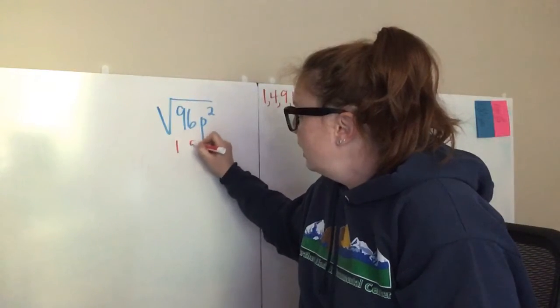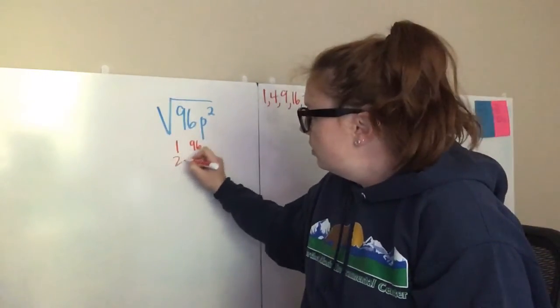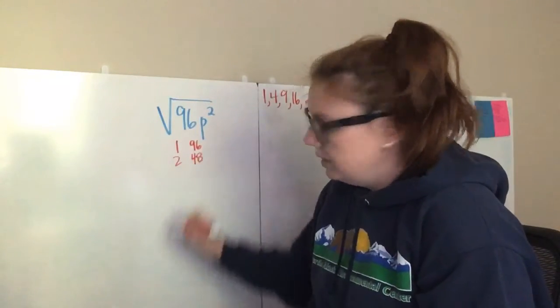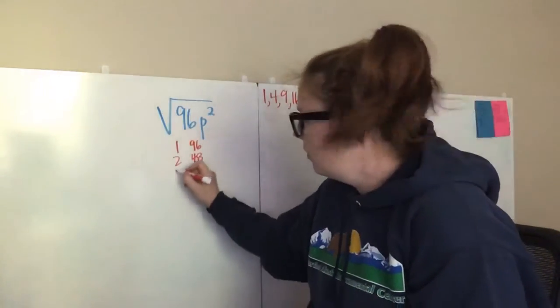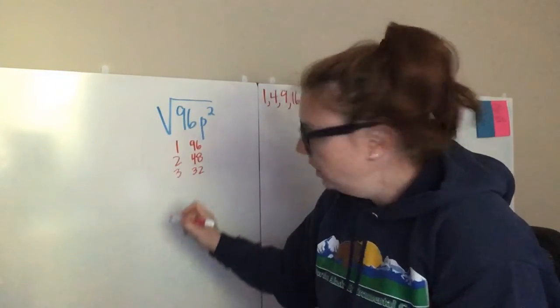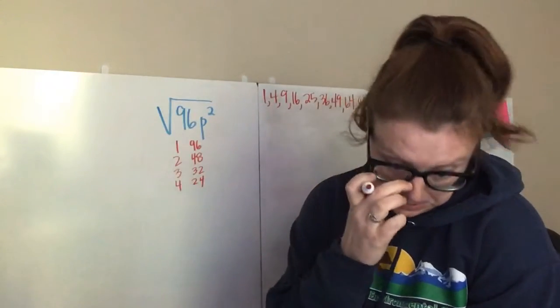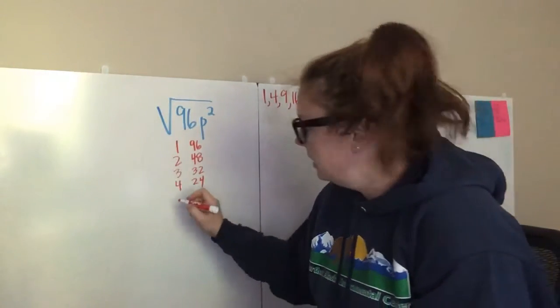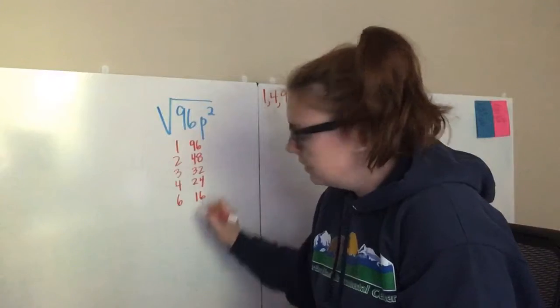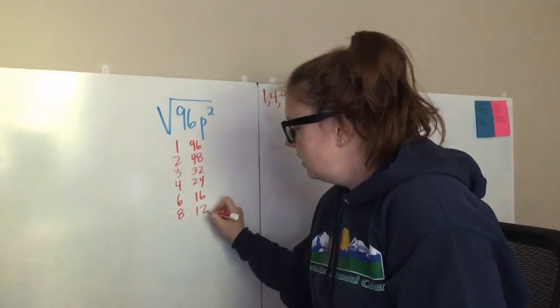There's 1 and 96, 2 and 48, 3 and 32, 4 and 24, the big list, 6 and 16, and 8 and 12.